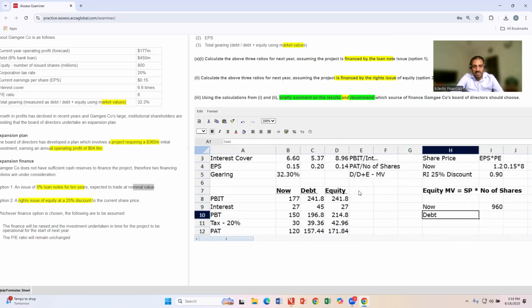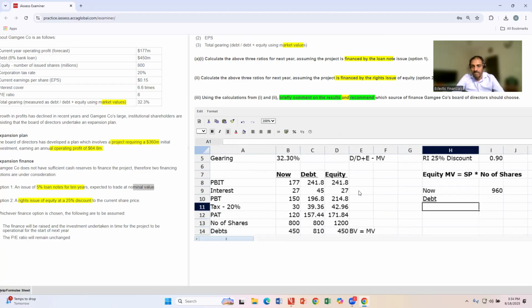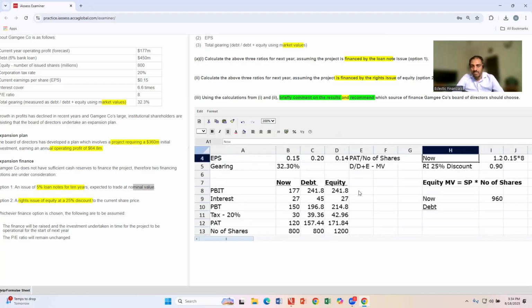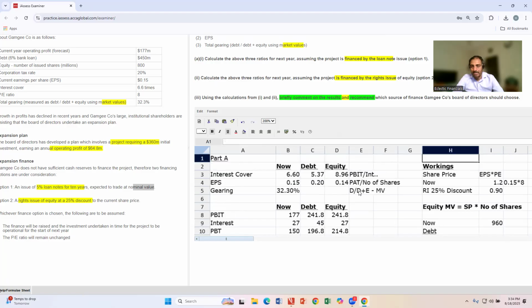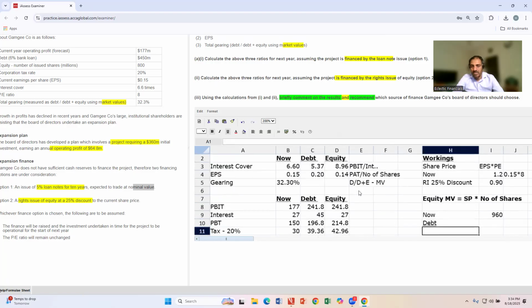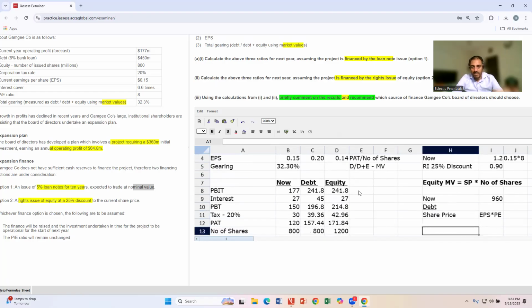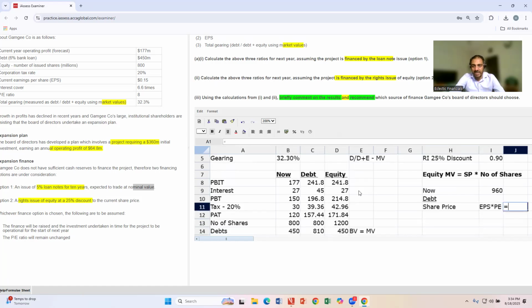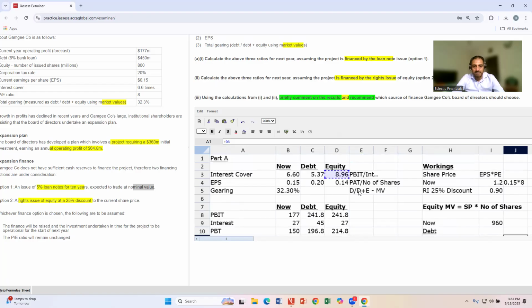In case of debts, share price is equal to EPS multiplied by PE. What is the EPS?